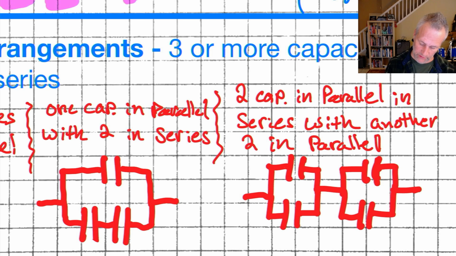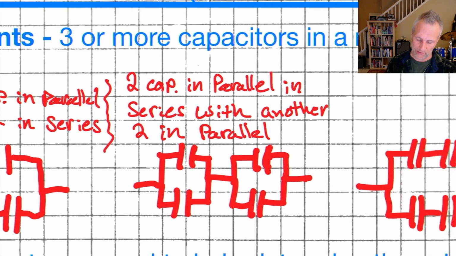You can see these arrangements are starting to get a little bit more complicated, and I don't know that you might see something like this, but you're not going to see something much more complicated than this.